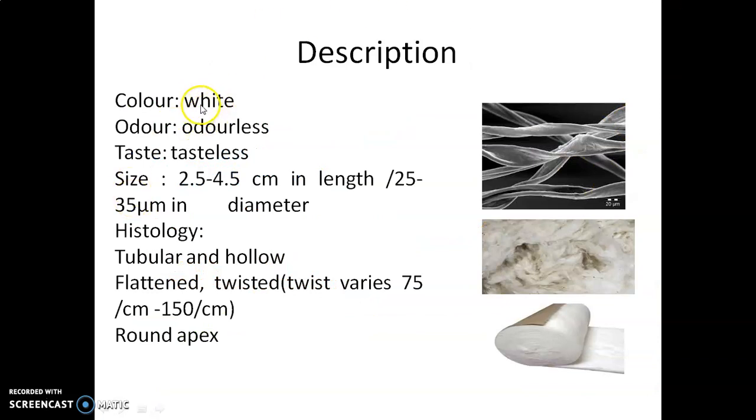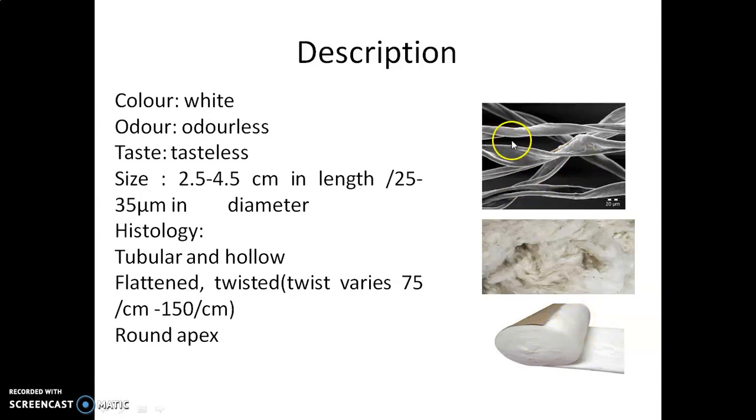Cotton is white in color, odorless, and tasteless. The size of a single fiber ranges between 2.5 to 4.5 centimeters in length and 25 to 35 microns in diameter. Under the microscope, this is the image of the raw cotton morphologically, and this is the image of the absorbent cotton mat.